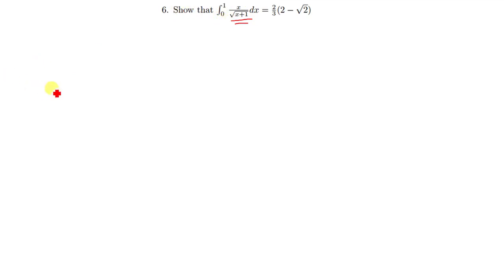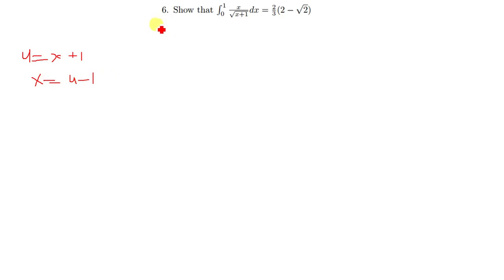So we can integrate this by using change of variables. How do we do that? Let my u be equal to x plus 1, so meaning x will just be equal to u minus 1.